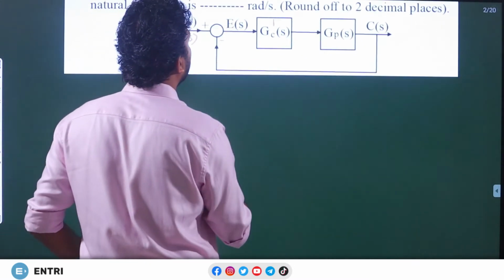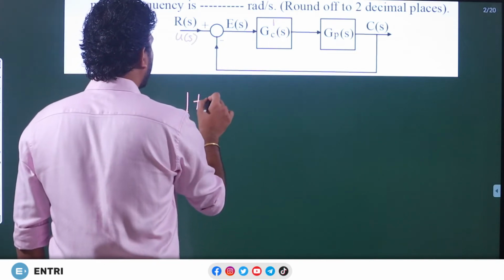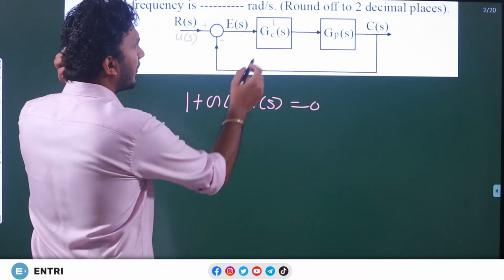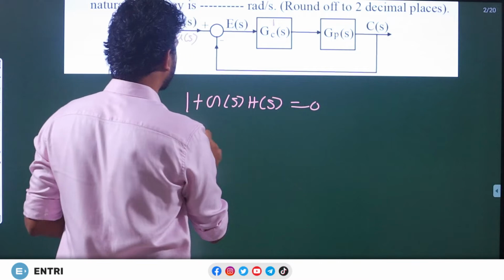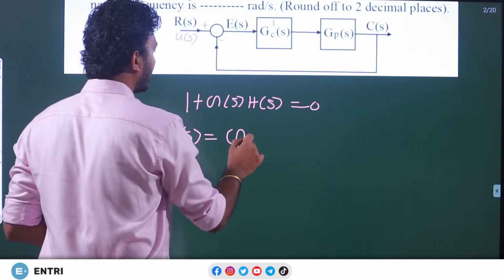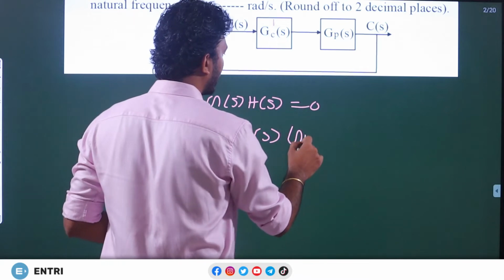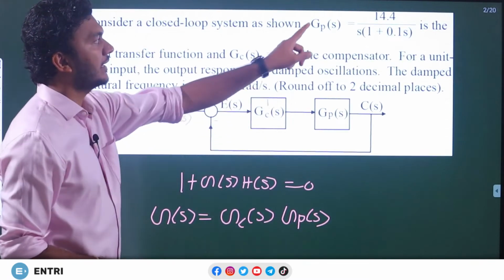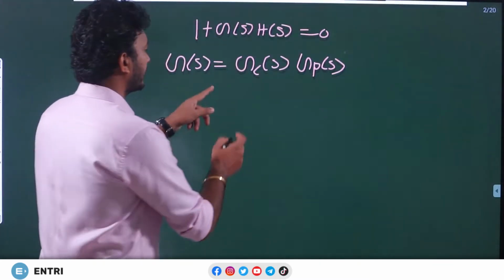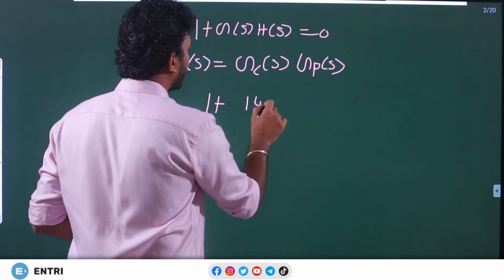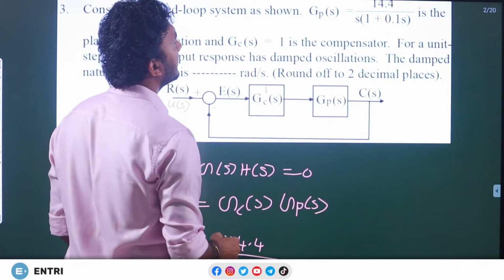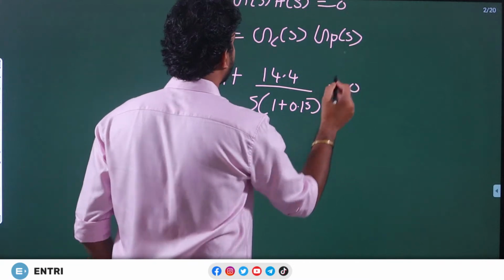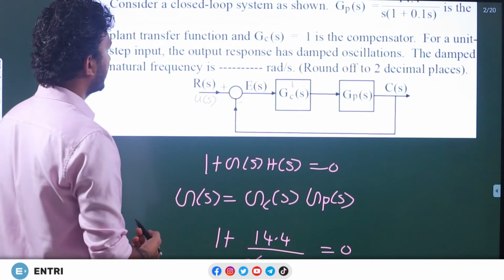So, here we are going to find out 1 plus G(s) H(s) equal to 0, and now here what is your total G(s)? Gc(s) into Gp(s). Overall G(s) is the multiplication of Gc(s) into Gp(s), but in the GATE exam do not do this, because you can directly write 1 plus 14.4 divided by s into (1 plus 0.1 s) equal to 0.